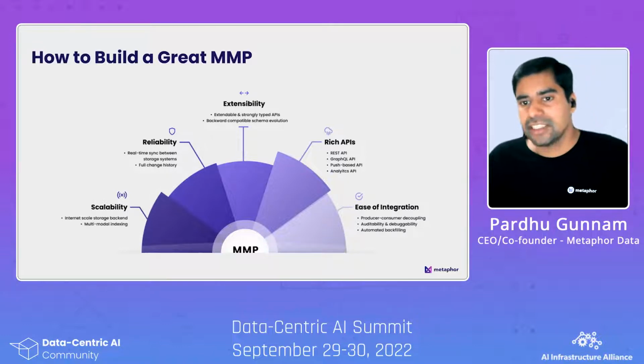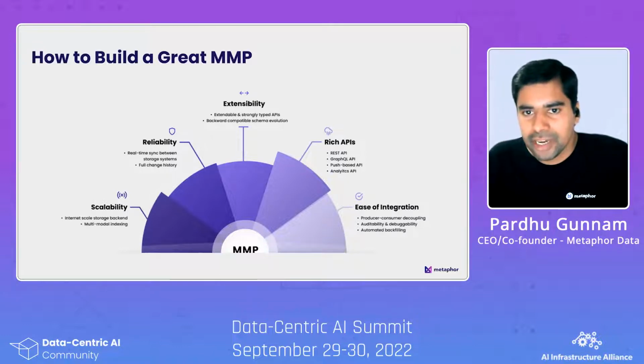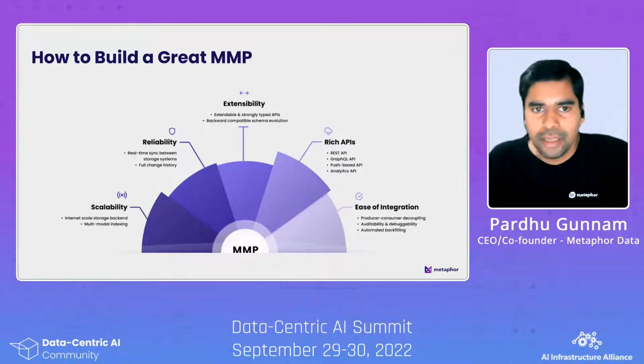Of course, rich APIs: as you build more and more use cases, every team has a different type of requirement. Every use case is different. You need to enable them with REST APIs, GraphQL, and as I compare it with the data itself, you can also expect analytical APIs, real-time system requirements, etc.